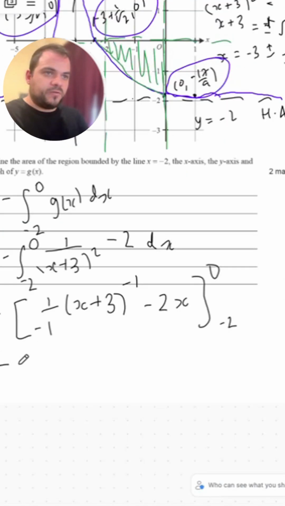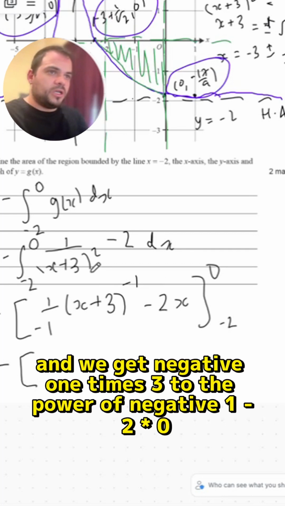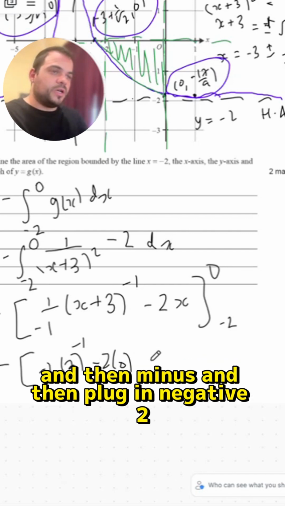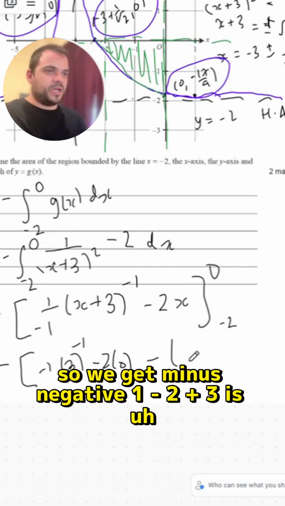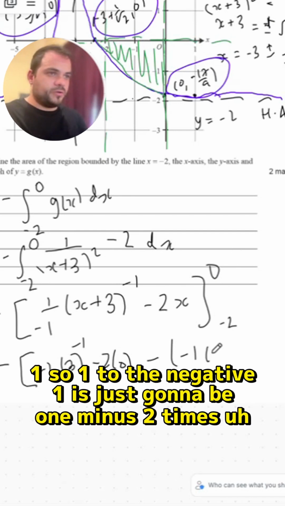Becomes negative, plug in 0, and we get -1 times 3 to the power of -1 minus 2 times 0, and then minus, and then plug in -2. So we get minus -1, and -2 plus 3 is 1, so 1 to the -1 is just going to be 1, minus 2 times -2.